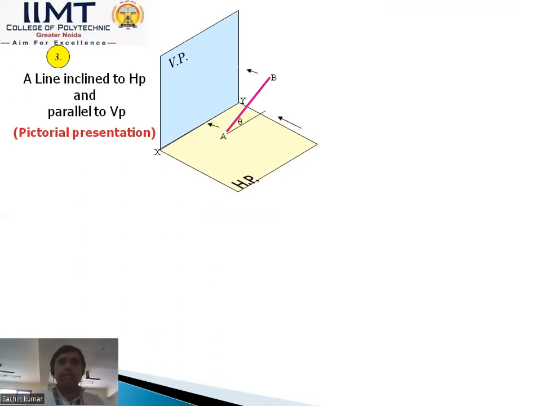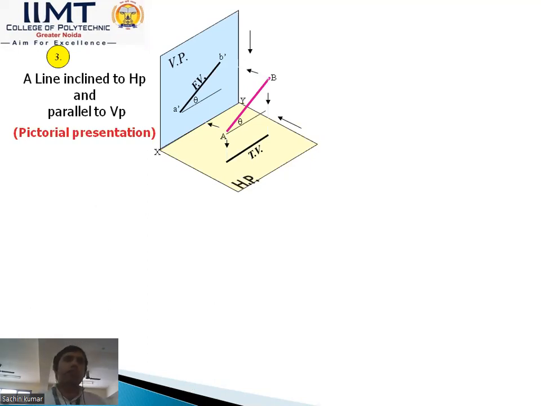The top view, on the horizontal plane, does not give the true length; only the front view, A dash B dash, gives the true length. The top view gives a shorter length than the true length because the line is inclined to HP.